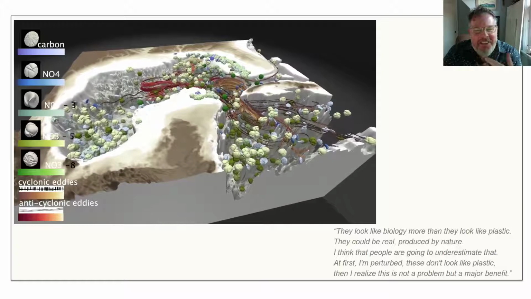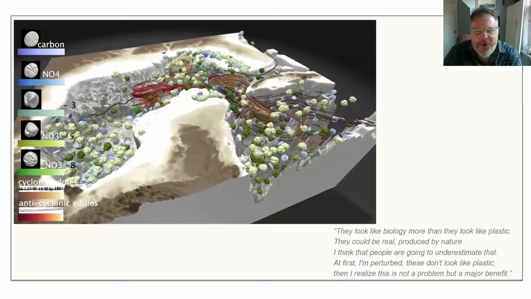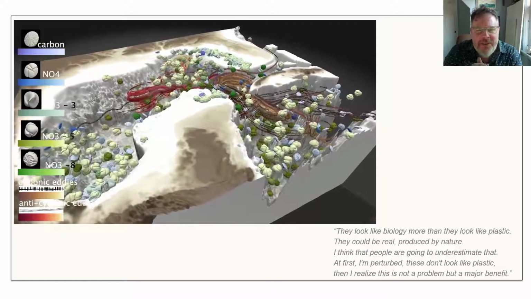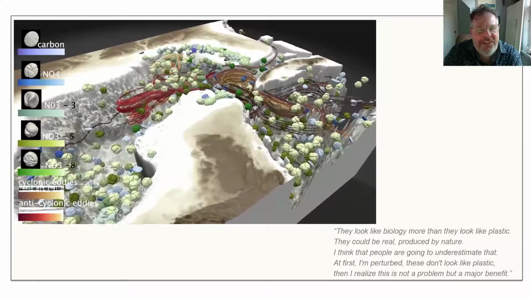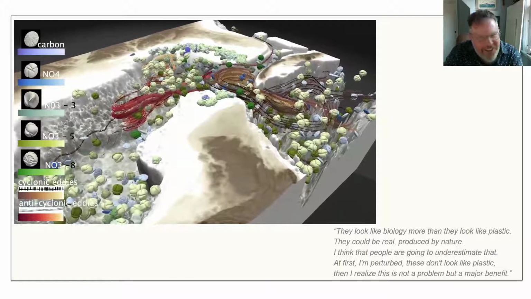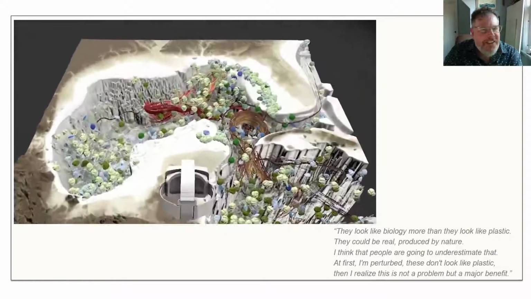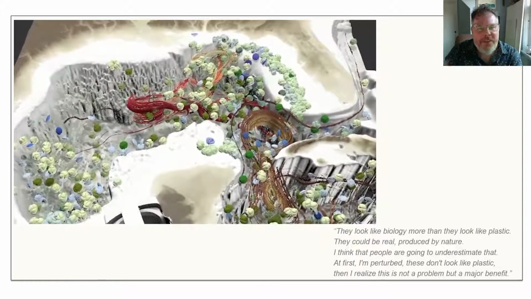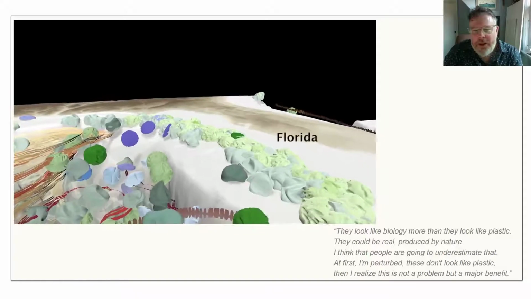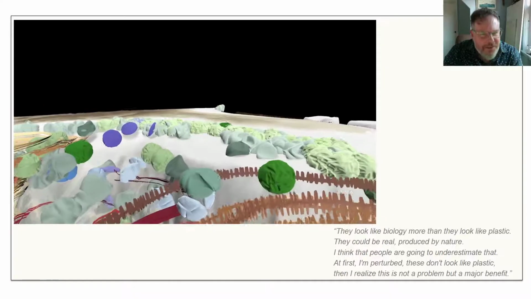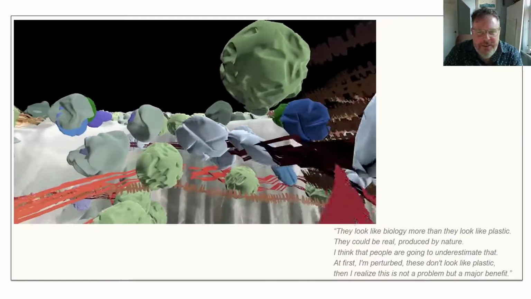And then I realized this is not a problem, but a major benefit." And so we think this is part of what's so interesting here, the potential for the visual language to even connect with a human element. This is nature. This feels right. And it's not sterile. It's just embracing this is natural. That actually is quite different, but maybe it's time for some of that in our scientific visualization.